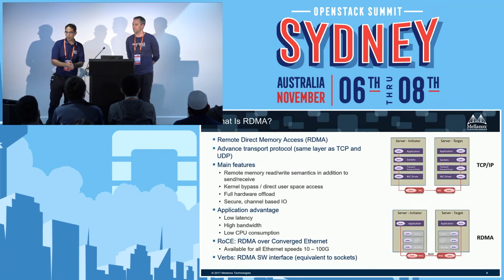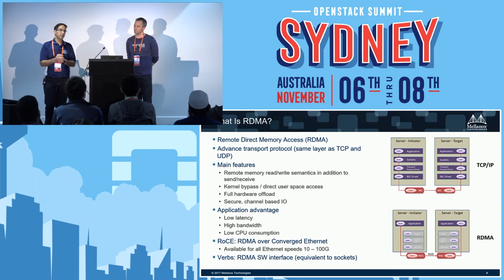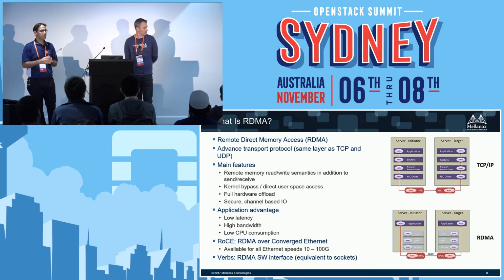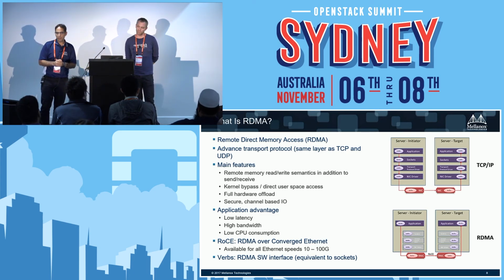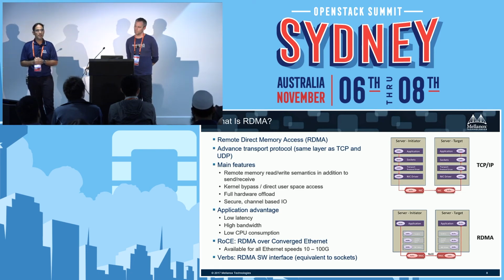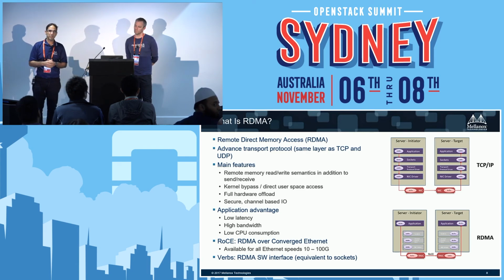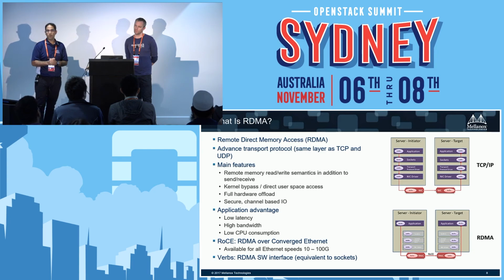So around the network, before we go into OpenStack and how we need to configure that, a very important element for running efficient machine learning is using RDMA. RDMA is a transport service similar to TCP or UDP, but far more advanced. It provides the ability to do remote memory reads and writes to remote servers, not only send and receive, but it also provides kernel bypass to provide low latency, so an application can send and receive directly from user space, and a full hardware offload.